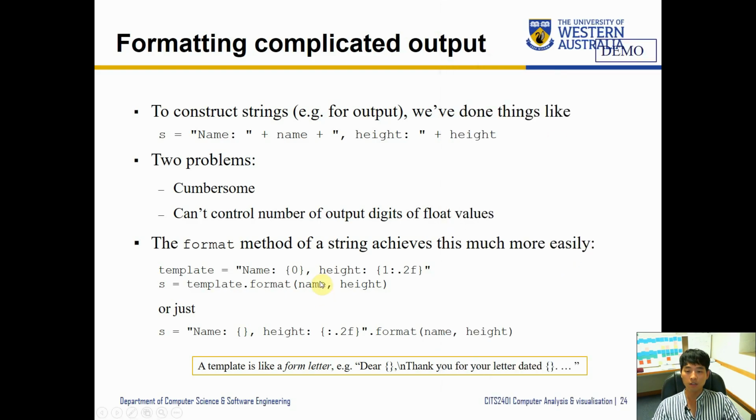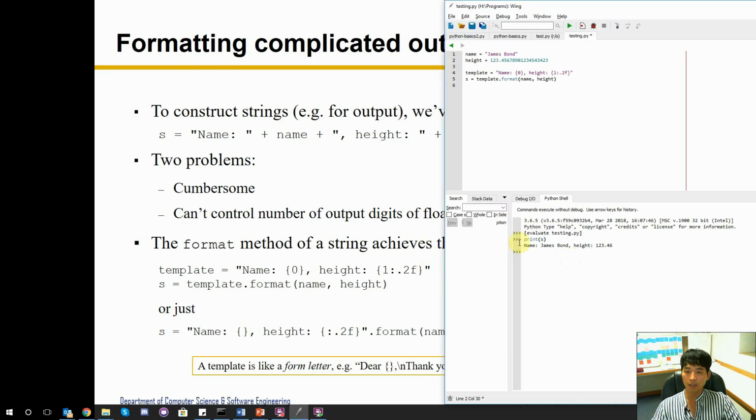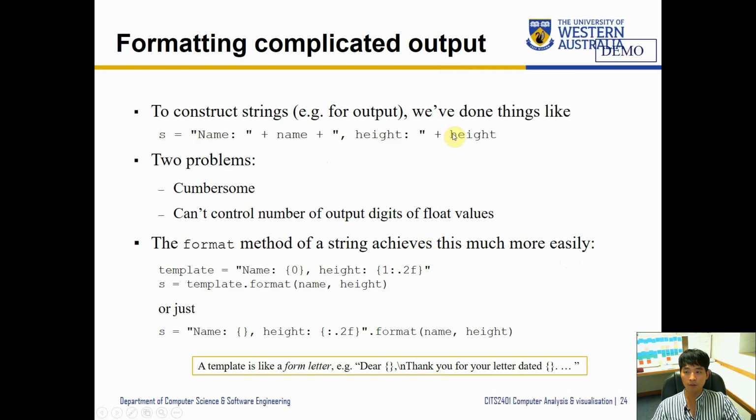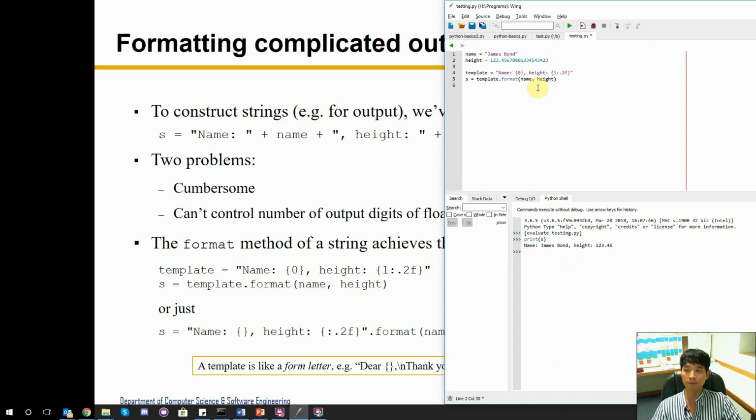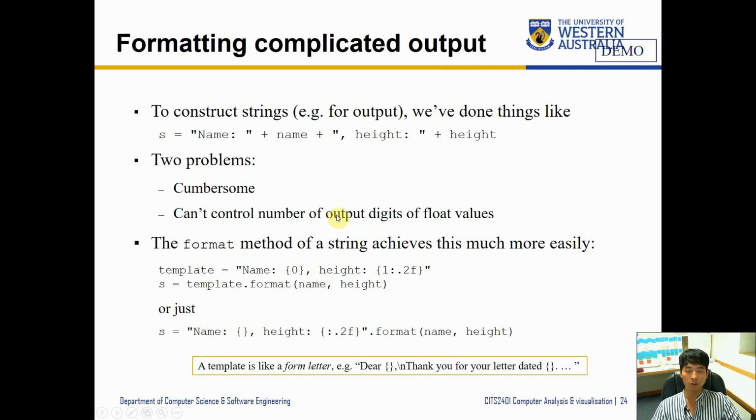So a template is like a form letter with some specific areas where user inputs can be placed. Compare this with the first example. You can try this yourself, but it will look much messier because all of these digits will be displayed, and there's no way you can control the digits.